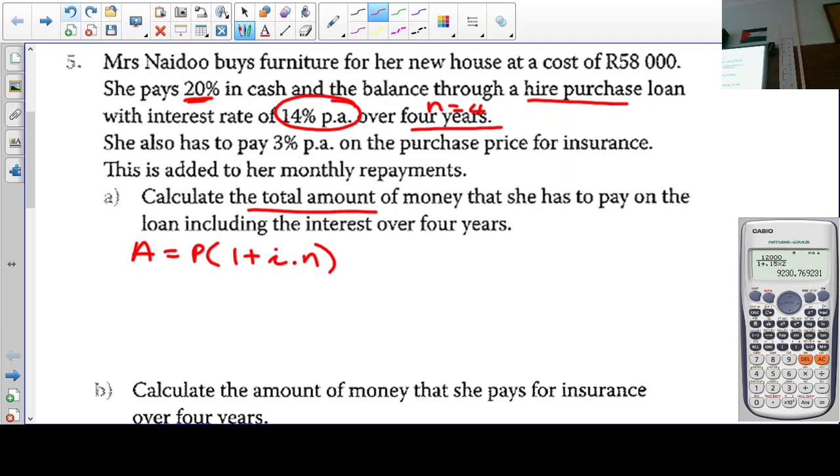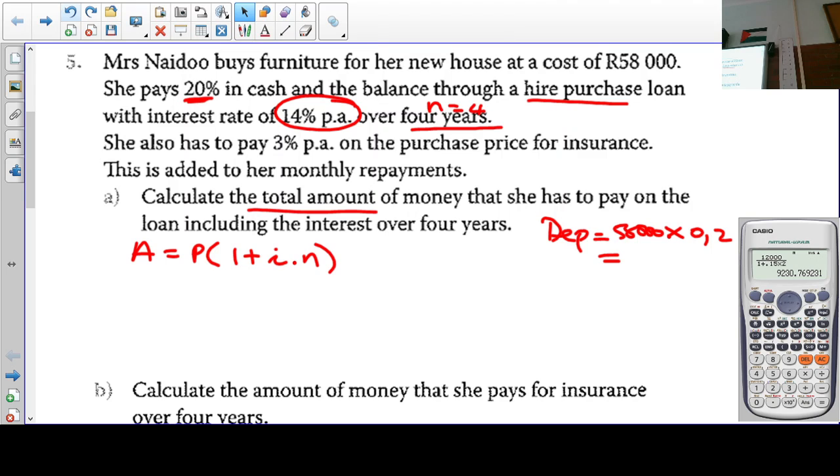So, could I say your P value is 58,000? No. I must first work out the deposit, and then take it off from there. Not so? So for the deposit, it's going to be 58,000 multiplied by 20 over 100, which is 0.2.